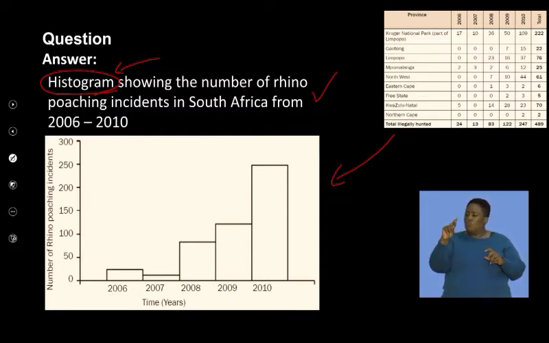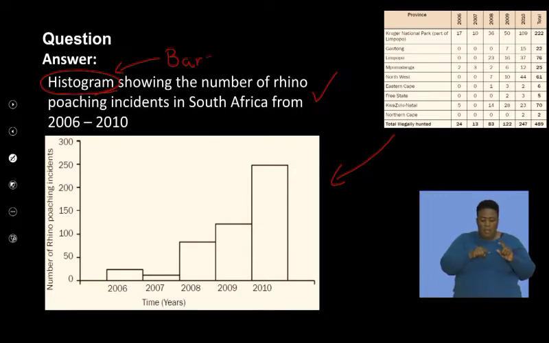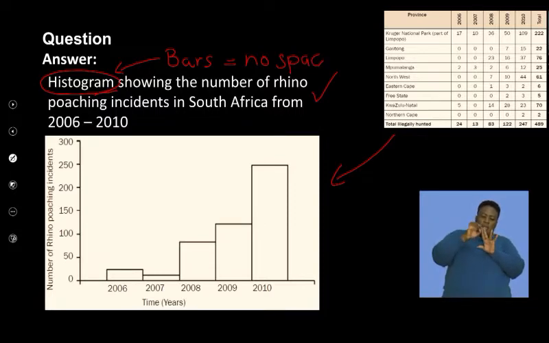Essentially it is a graph where the bars have no spaces. If it was a bar graph, we would see clear spaces between them, but the question wants us to draw a histogram, so we notice that the bars are connected from one to the next.